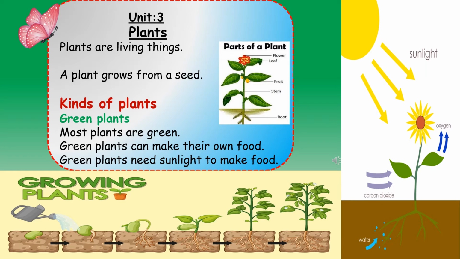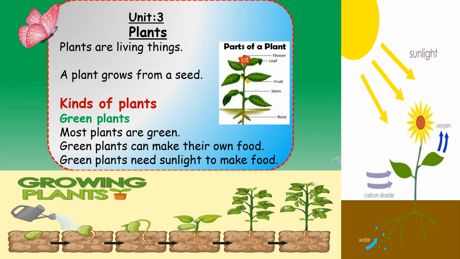You can take it from any plant shop or nursery. Put this sunflower seed into the soil, and cover it with additional soil. Okay, you have to keep it inside the soil.